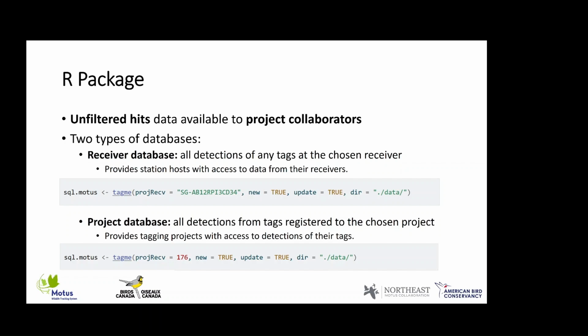Now, the project database, on the other hand, gives you all the detections of tags that are registered to the project number you put in when you're running the command. So that tends to be what most people use, but you can use the receiver database, and it's no big deal. So those are the options you have.